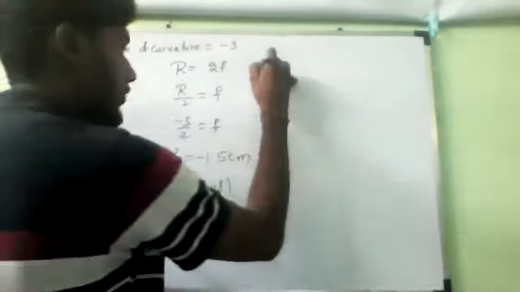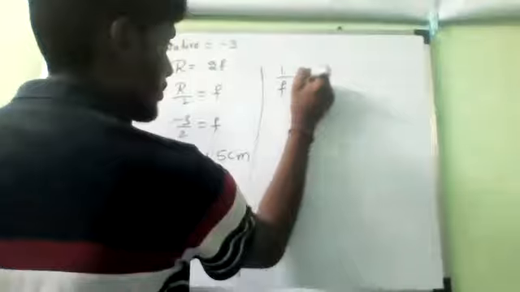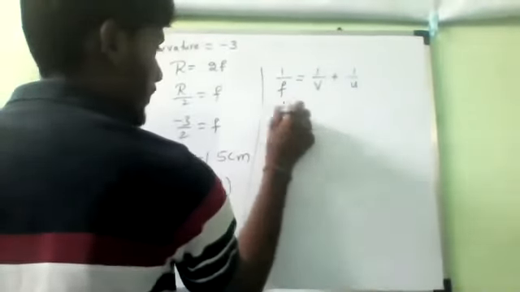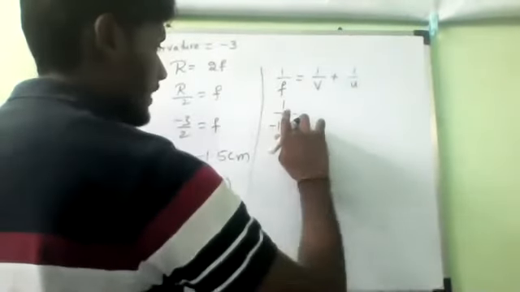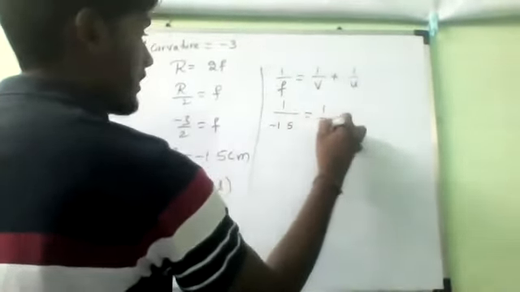So substitute. We want to find the object distance. What is the formula? 1 by F is equal to 1 by V plus 1 by U. F is minus 1.5. And V is minus 5U.